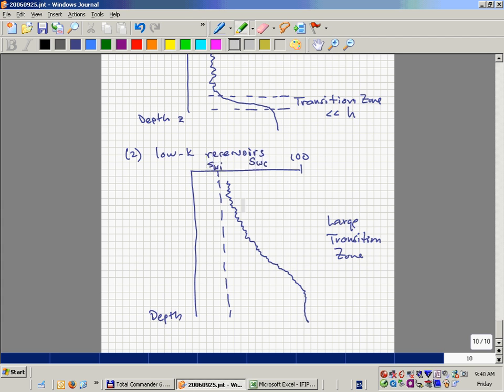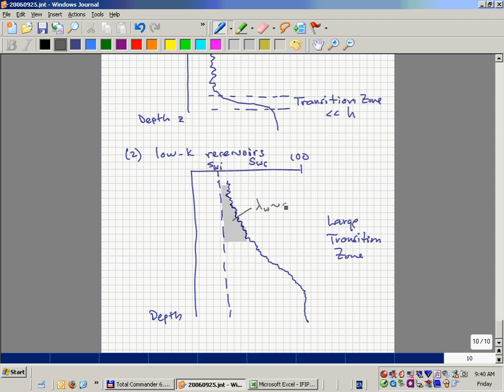Now, it may be such that all the way down to maybe here, the mobility of water is close to zero.